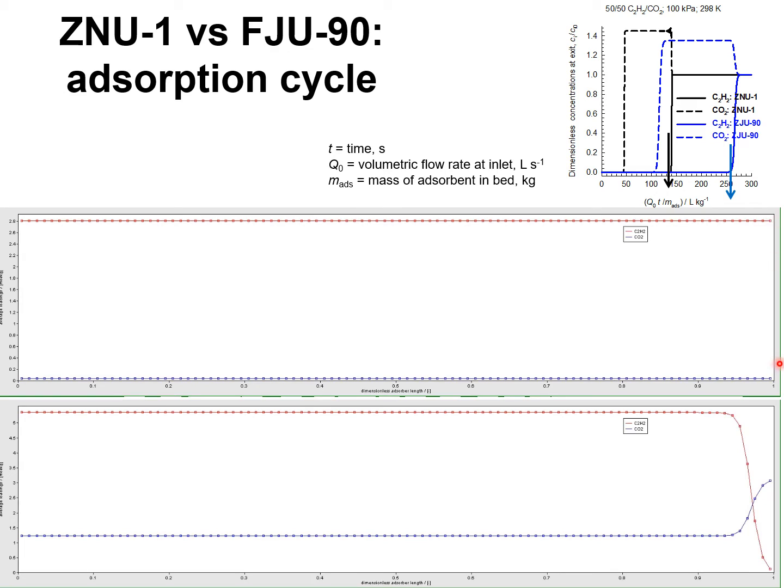At this time, the adsorption cycle is terminated and the blowdown will start.